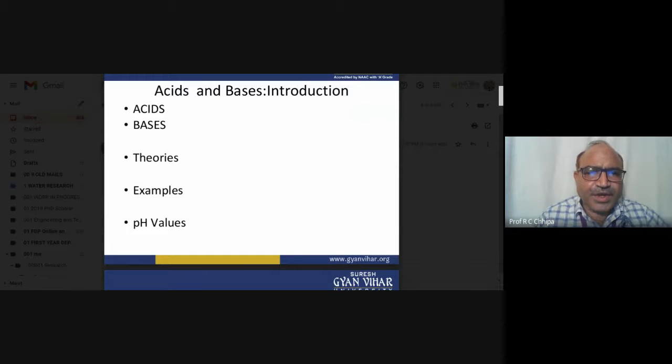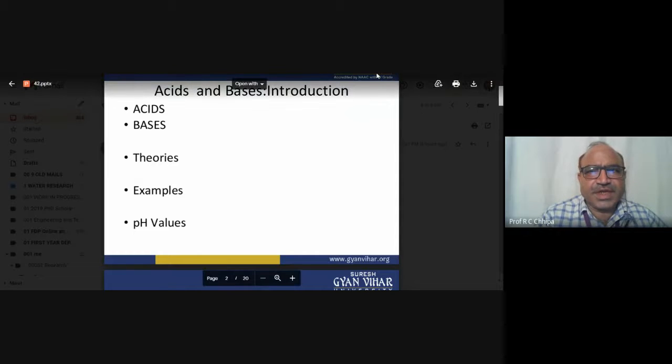Again, I can repeat here, the examples of acids are H2SO4, sulfuric acid, nitric acid, HNO3, and their bonding itself also correlates with nitric acid. One more thing is there, the nitrous acid.